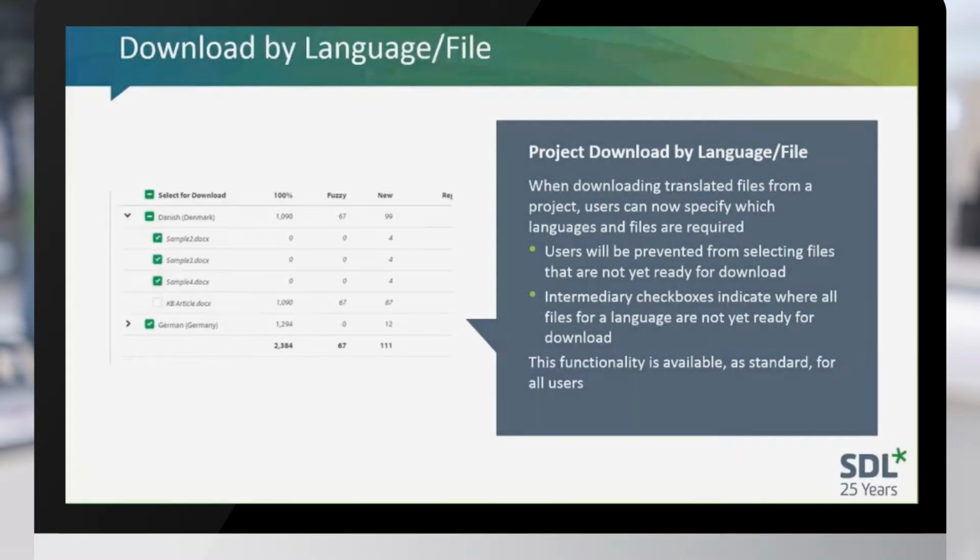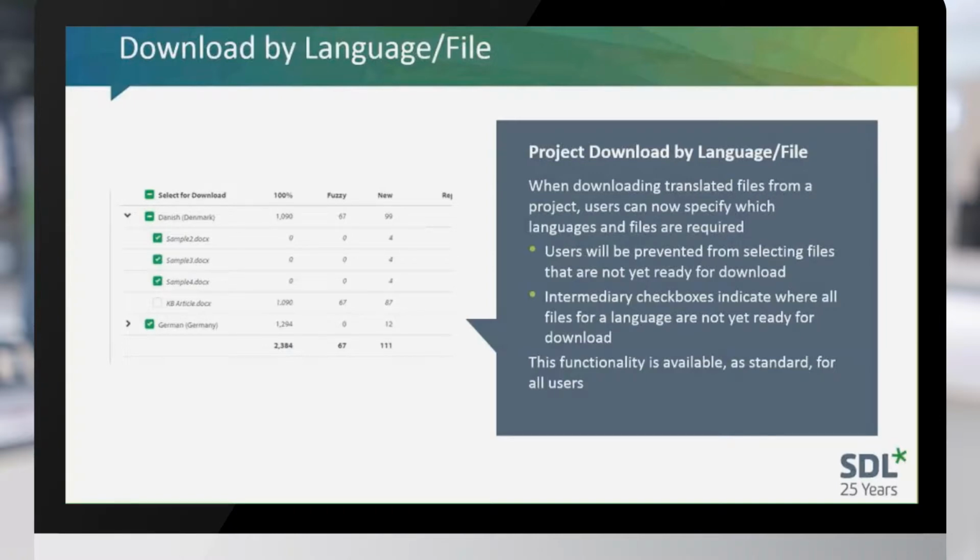We've also recently added the ability for users to be more specific in terms of which files they want to download for a given project. So previously, when a user came to download the translated files from a project, they were provided with a package containing all of the files that were available at that moment in time.